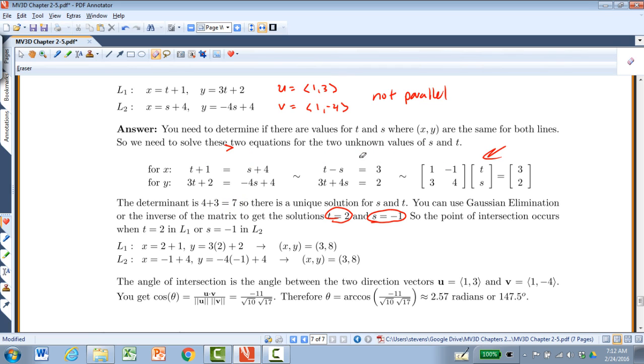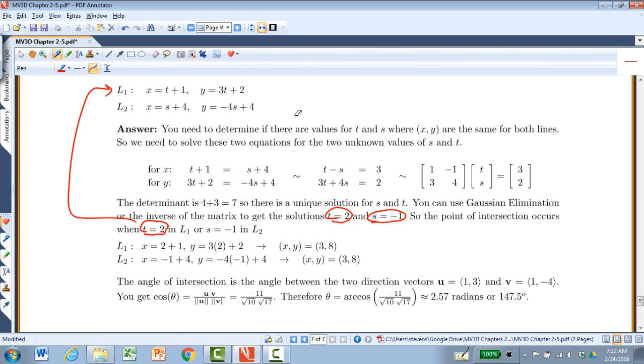And the point of intersection is actually found by taking T equals 2 and putting it into the line 1 equations. And so if you let T equal 2 here, then X equals 3 and Y equals 8.